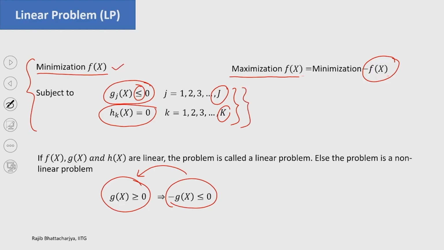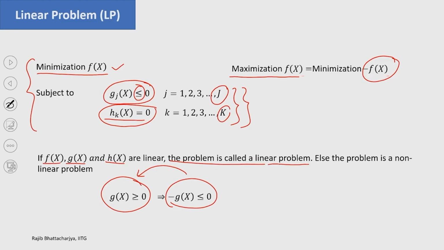This constraint may be an inequality type constraint like Gj(x) less than or equal to 0, or we may have an equality constraint Hk(x) equal to 0. Now, if f(x), g(x) and h(x) are all linear functions, then the problem is called a linear problem. Okay. I hope this is clear.